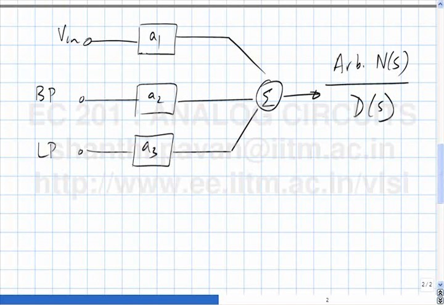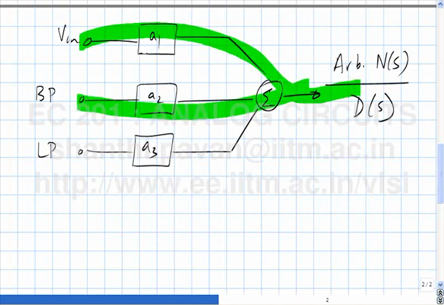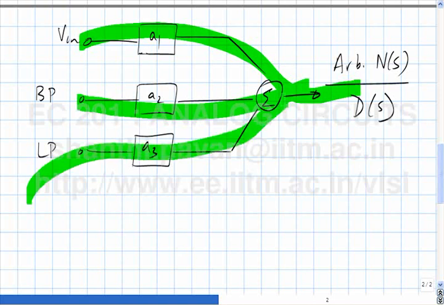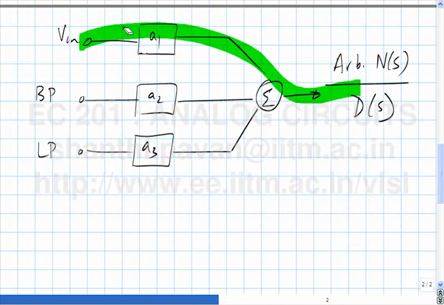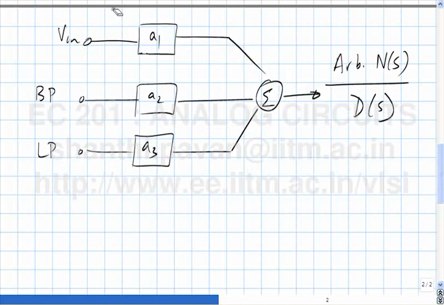If you want zeros, you must have multiple paths from the input to the output. So there is a direct path from the input to the output, there is a path through the band pass node, and there is a path through the low pass node, and by varying the relative weights with which you add these three quantities, you will be able to realize an arbitrary numerator. You understand?